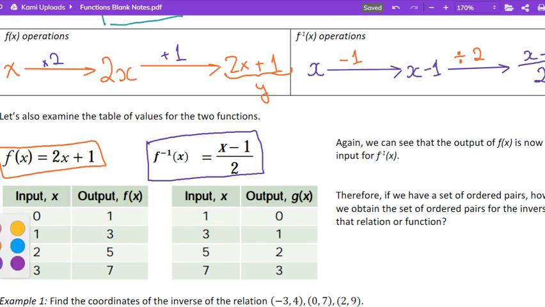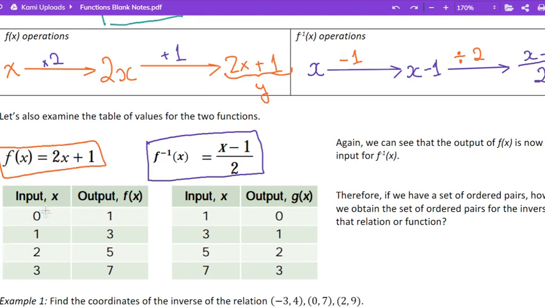Like, look at these tables of values. For the function, my x's are 0, 1, 2, 3. Whereas for the f inverse, my x's are 1, 3, 5, 7. So x just represents an input. We're always going to use x as an input. Okay, but remember, x can be any number, and it could be a variety of numbers.